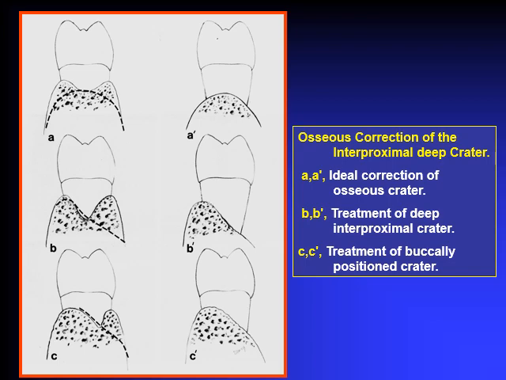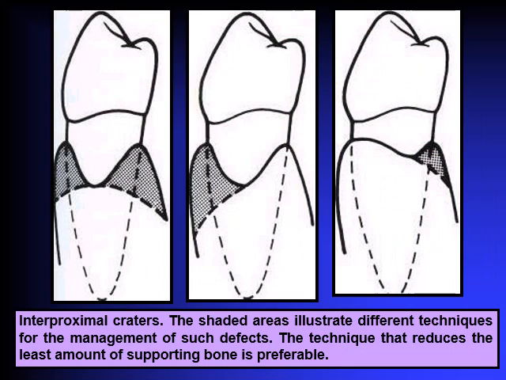In C, this is another shape of a crater where the crater is tilted lingually, and we remove only the lingual bone of the crater. Okay, see here, this is another figure to understand this step. The shaded areas illustrate different techniques for the management of such defects.